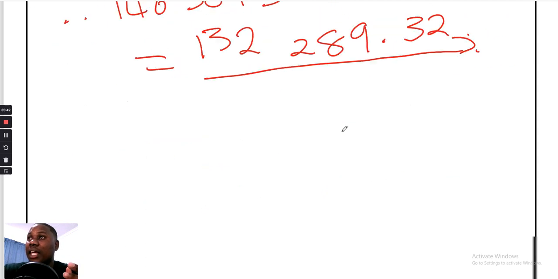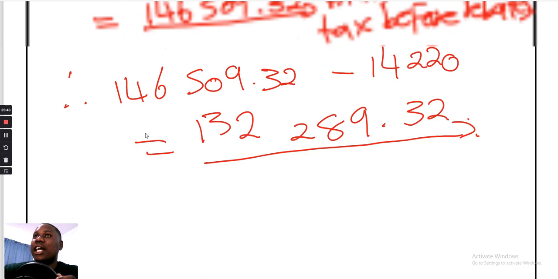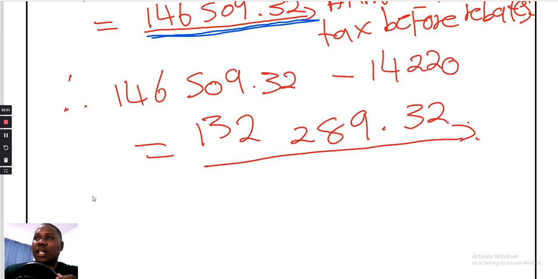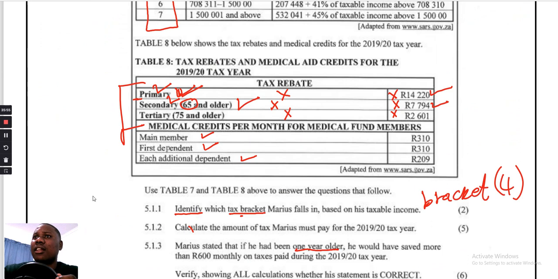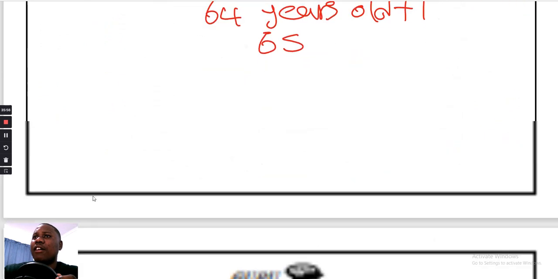Okay, let's check now. The annual income tax that we got, was this 5.3? Yeah, 5.1.3. I just want to write it down.